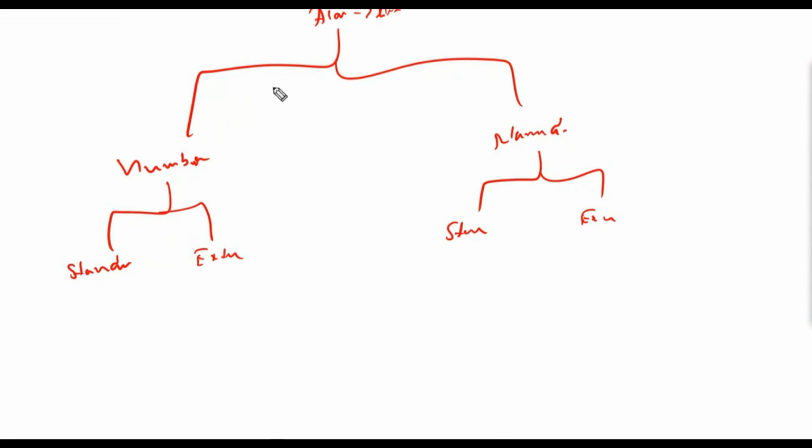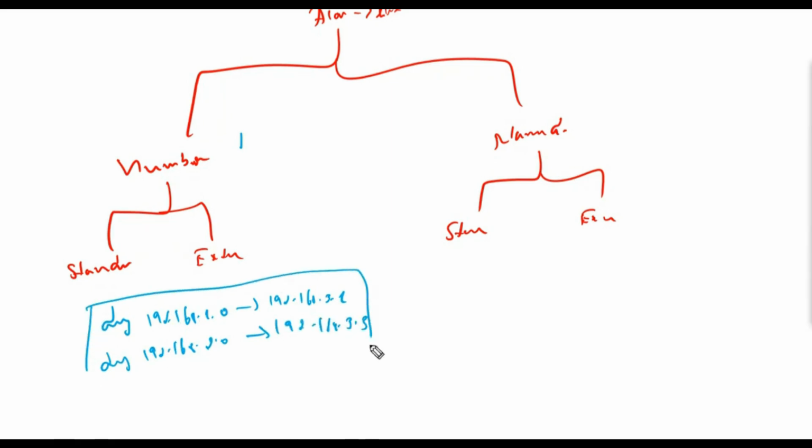For example, in a numbered or named ACL, I'm going to write some ACL, saying deny the 192.168.1.0 network from reaching 192.168.3.1. Again, deny the 192.168.2.0 network from reaching 192.168.3.3. All these things are grouped together when we form the ACL.